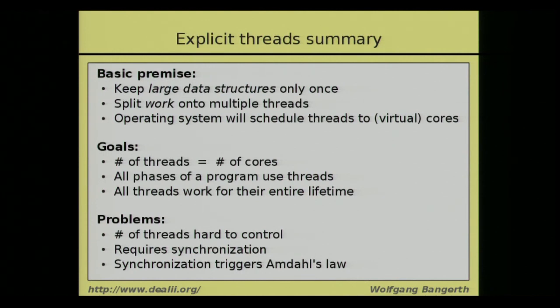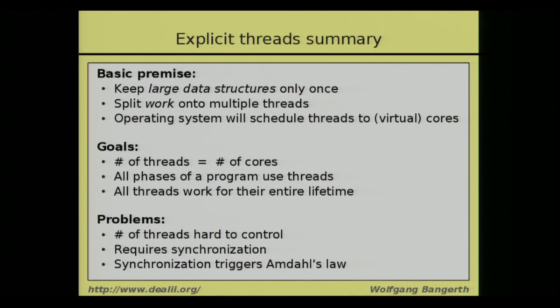Okay, so to sum this up, explicit threads means that the basic premise is that you keep large data structures only once, and you split the work on these data structures into multiple threads that can all access the same pieces of data. And then the operating system will schedule the threads to the actual CPU units. The goals must be that we have a number of threads that equals the number of cores, that in all phases of our program we use threads, and all threads work all the time.